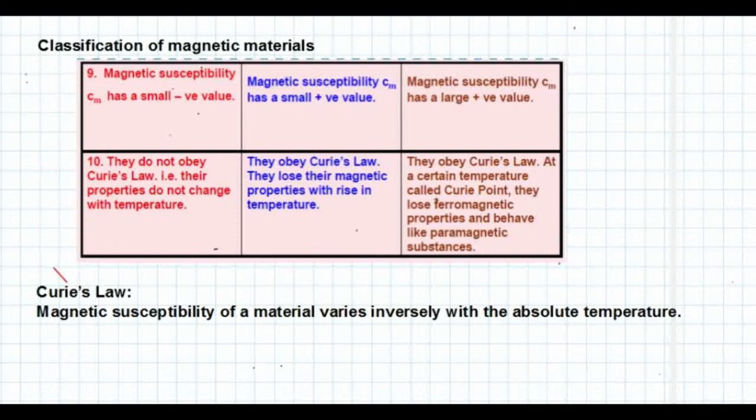So both paramagnetic and ferromagnetic materials obey Curie's law. And what is Curie's law? It states that the temperature at which a ferromagnetic material loses its ferromagnetic properties and behaves like a paramagnetic substance.